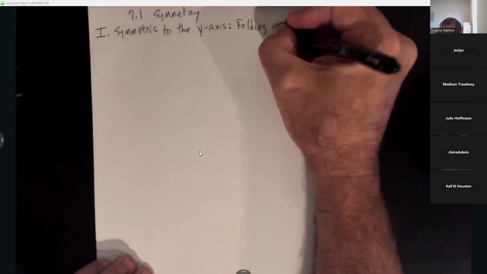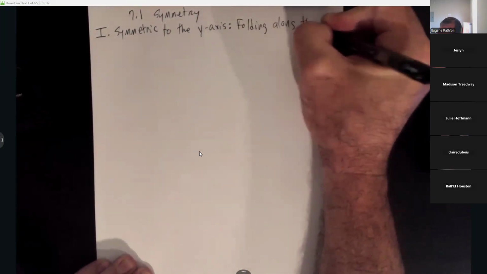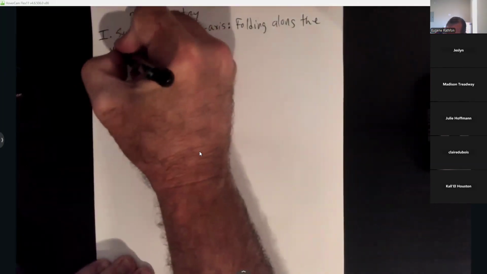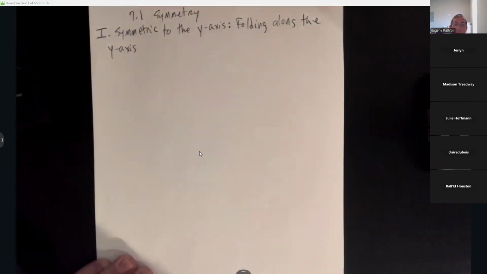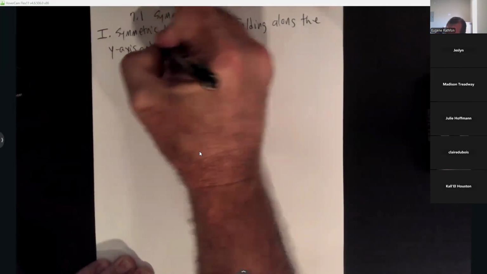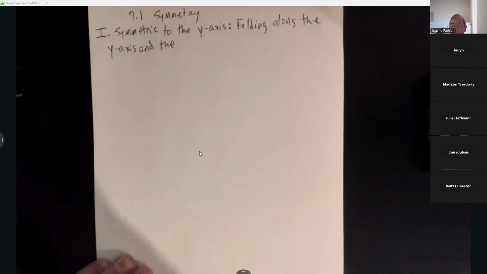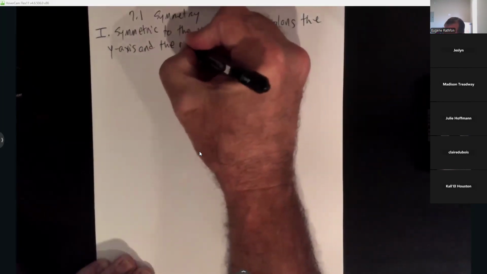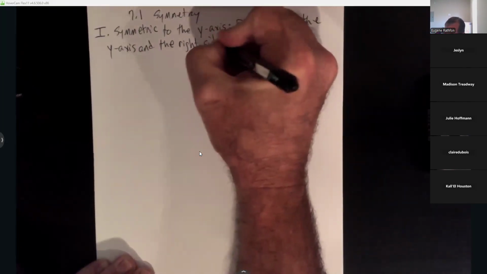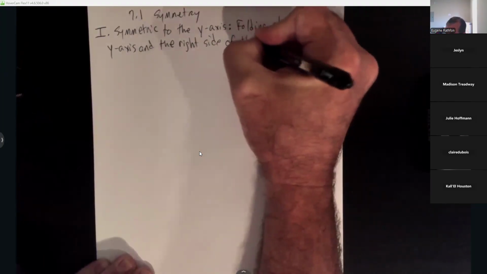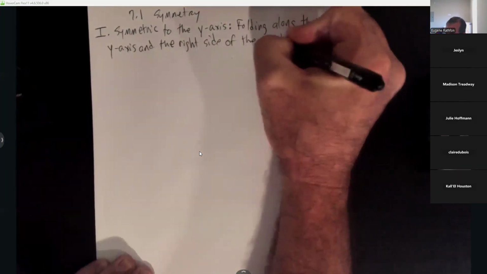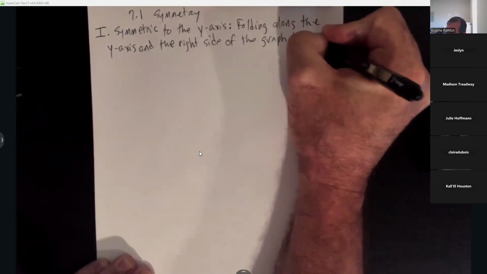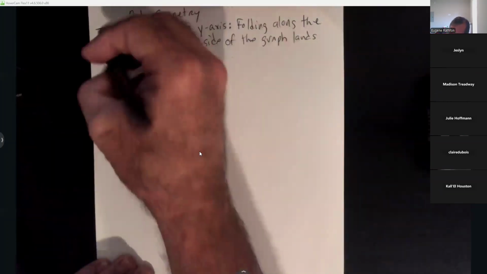So folding along the y-axis, the right side of the graph lands on the left side of the graph.